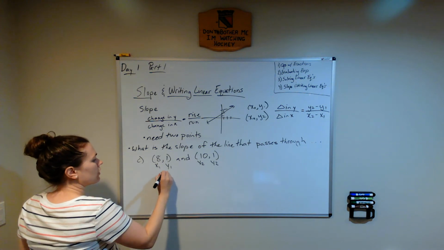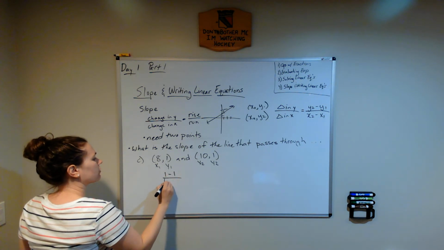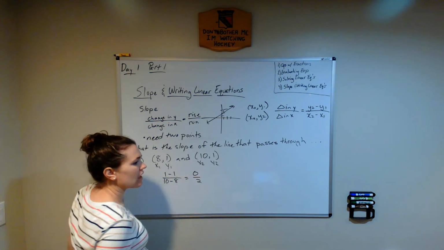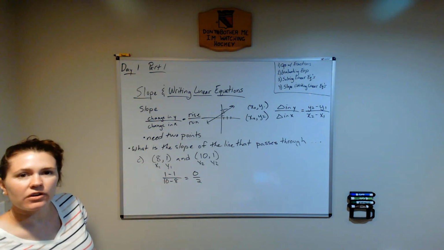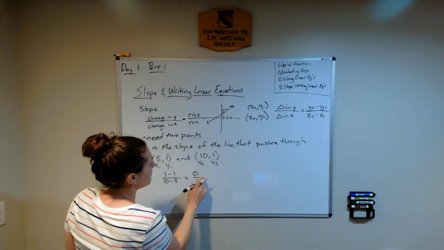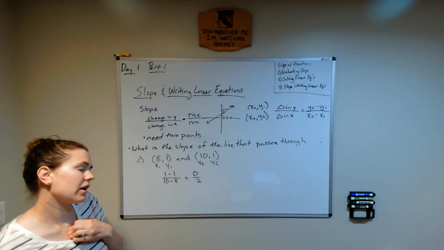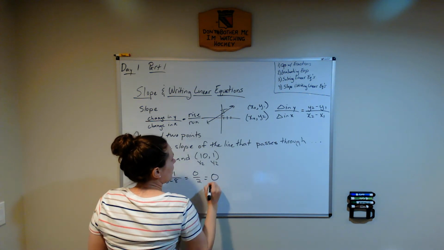Okay, so it's going to be 1 minus 1 over 10 minus 8. That's going to be 0 over 2. Now, when 0 is in the numerator, you are allowed to do 0 divided by 2. You have nothing divided by 2. Okay, that's going to leave you with 0.